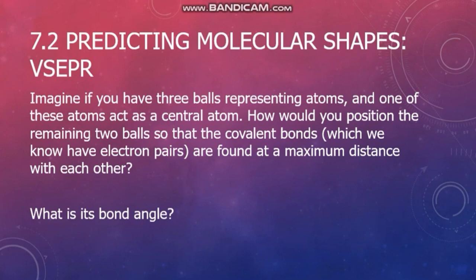Okay, so imagine if you have three balls representing atoms, and one of these atoms acts as a central atom. So there is one in the middle, and then there are two balls, terminal atoms. How would you position the remaining two atoms so that the covalent bonds, which we know have electron pairs, are found at a maximum distance from each other?